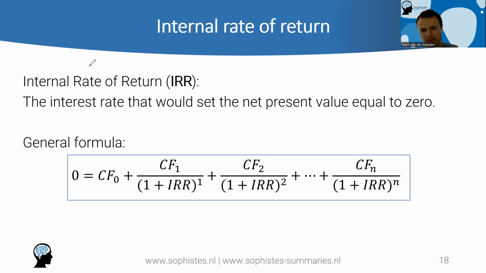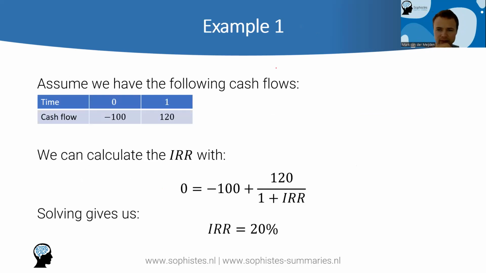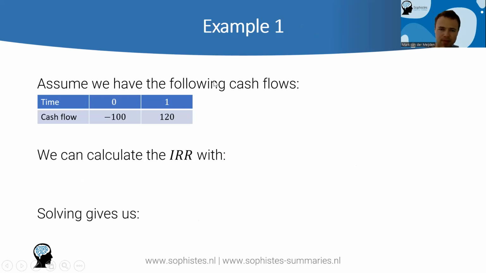So let me give you an example. So here you have a really easy example. How I always see it is you can basically have 2 situations on your exam. You can have that you only have 2 cash flows.